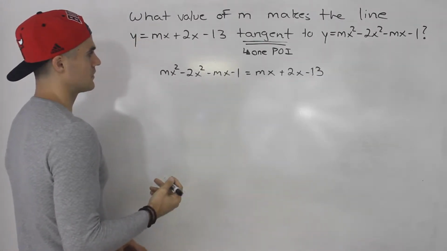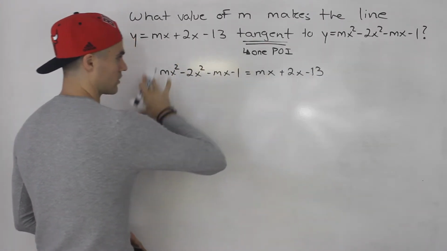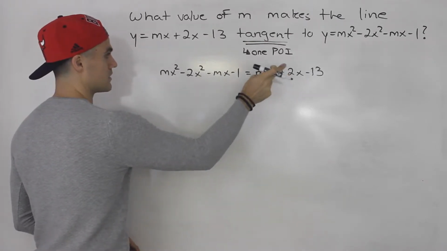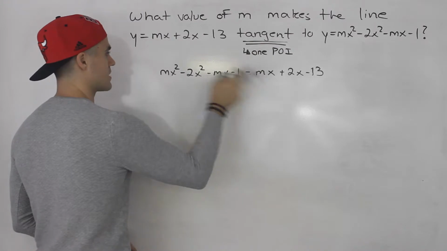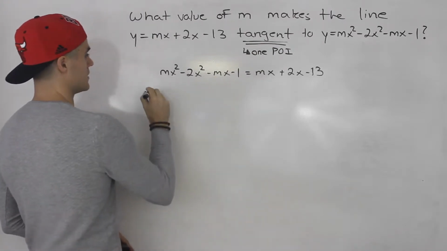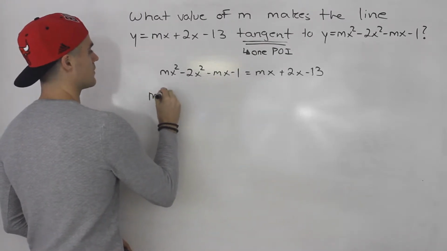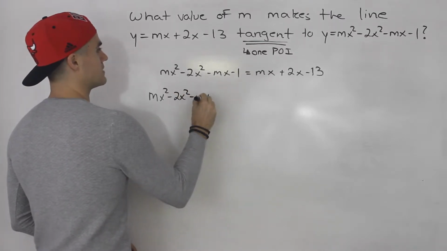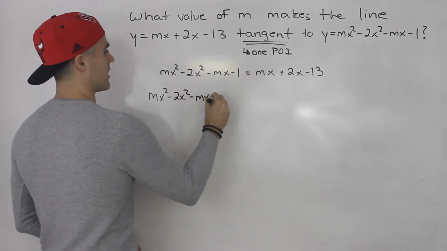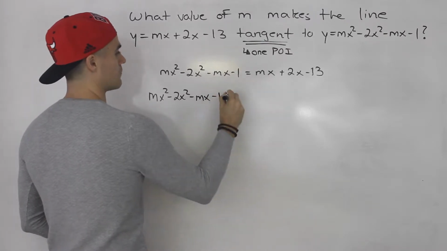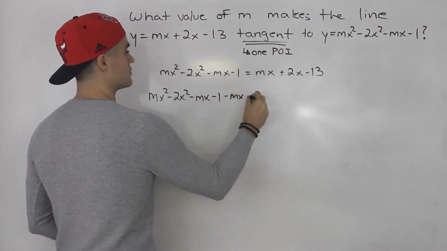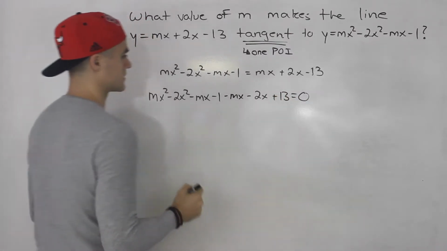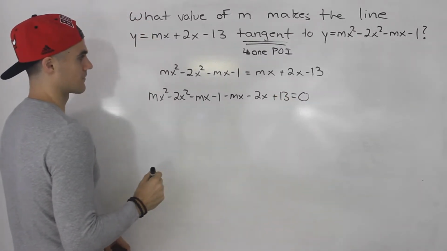Then from here, what you want to do is bring everything over to one side. So I'm going to take all the expressions on the right side, bring them over to the left side. So we'll have mx squared minus 2x squared minus mx minus 1. And then we'll have minus mx minus 2x plus 13. And that's going to equal 0.